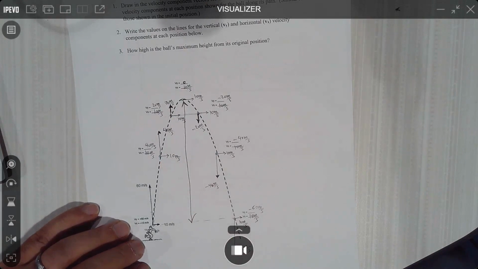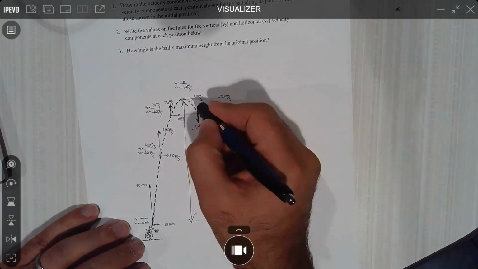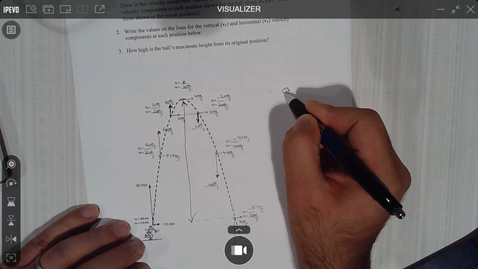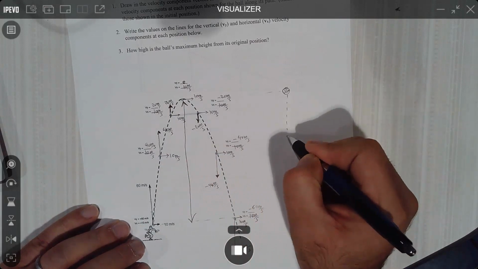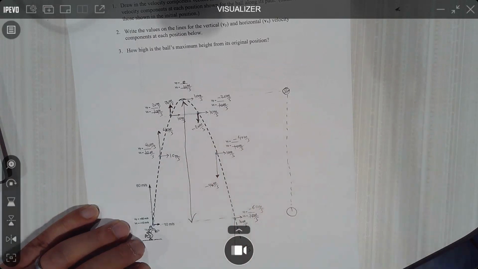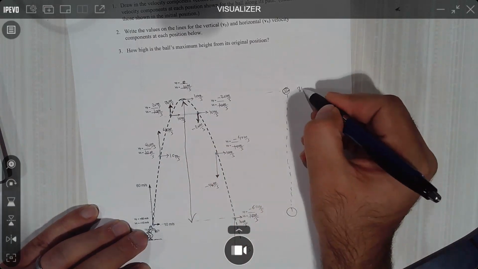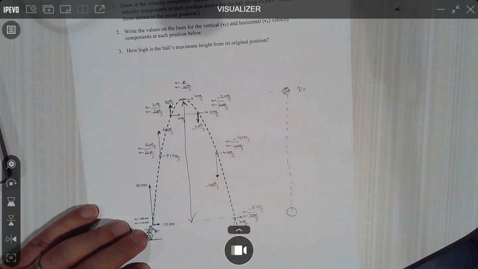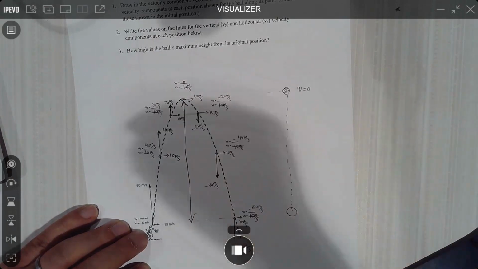You remember in free fall, let's say we have a ball from here, and the ball is moving down and reaches this point. What is the vertical velocity at the top? Zero, yes? The vertical velocity is 0. It means that you are dropping the ball.